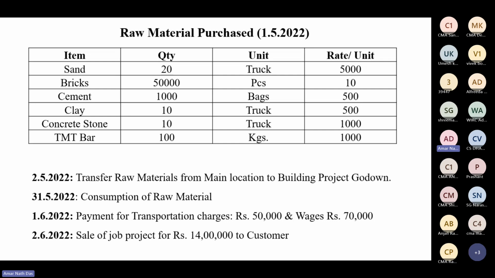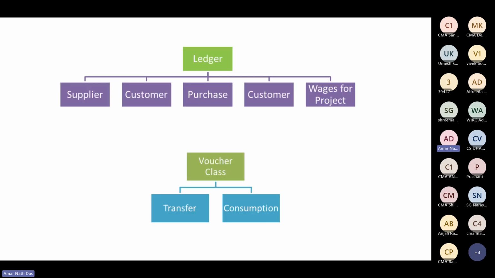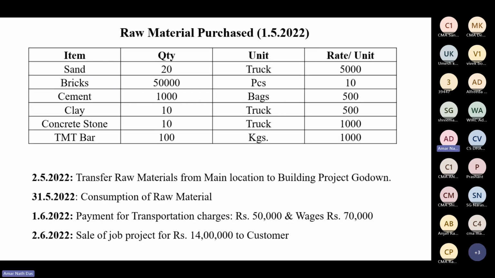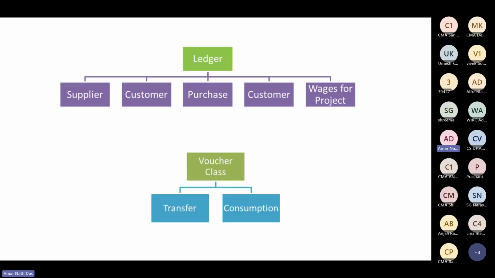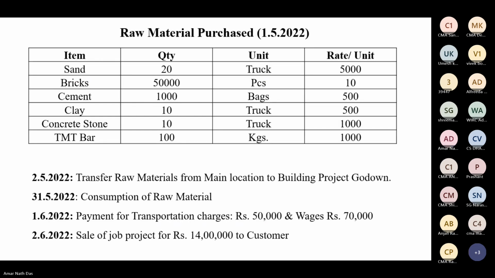I repeat again, the voucher class transfer is applicable in this particular transaction which has taken place on 2nd May 2022. Okay, done. Now on 31st May 2022, raw material is consumed. So this also falls in the category of consumption voucher class. Okay. Come to the next part.